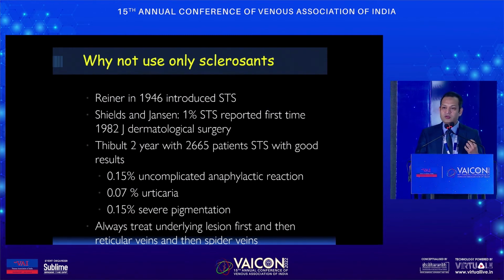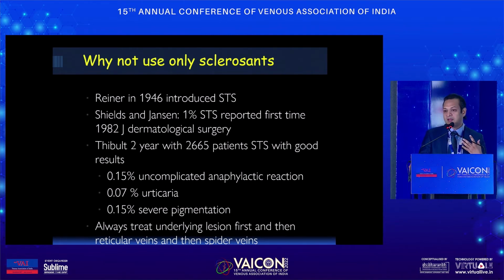So why not only use sclerosant? The drawbacks of sclerosant are, first, reactions to the sclerosant. Second, we cannot control it. If you want to treat a vein on the face, you can't inject sclerosant because you cannot control it. It will just flow. It can hurt the eyes, it can close the septums.